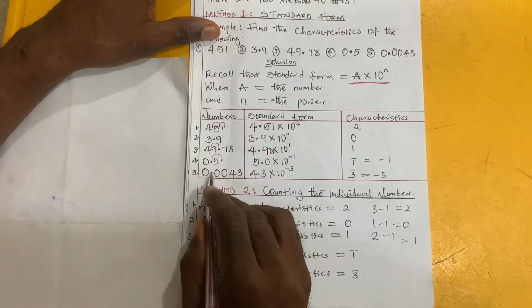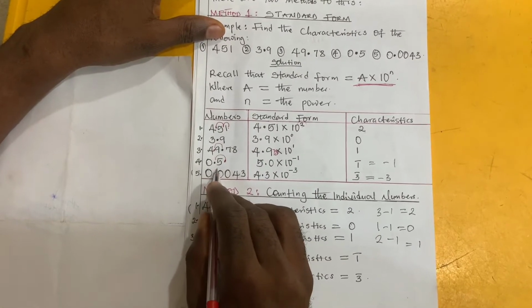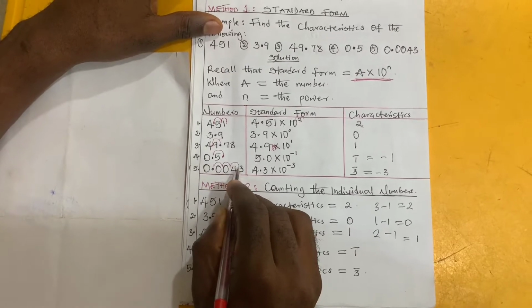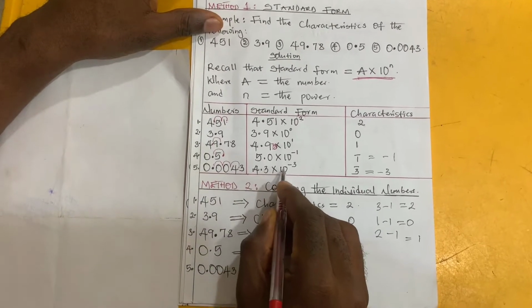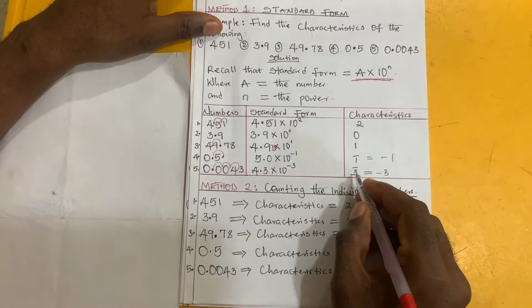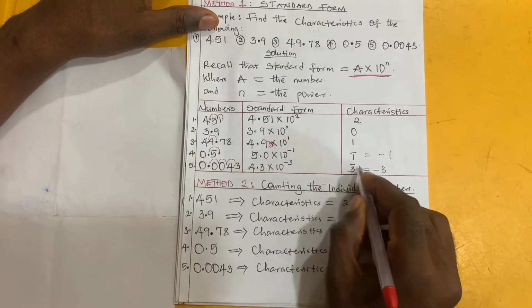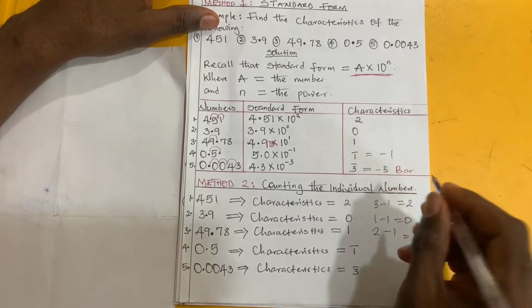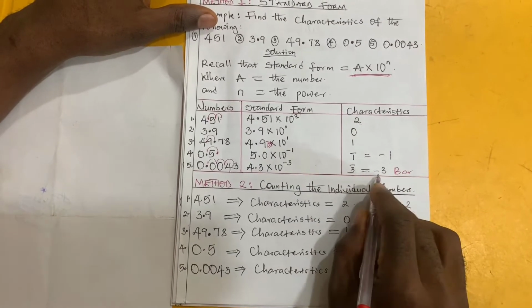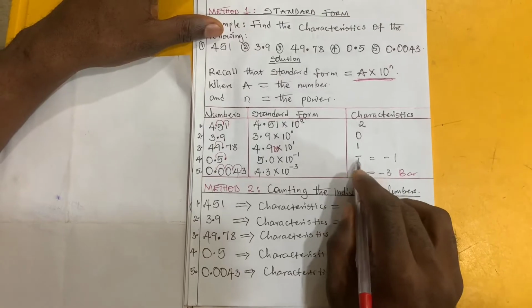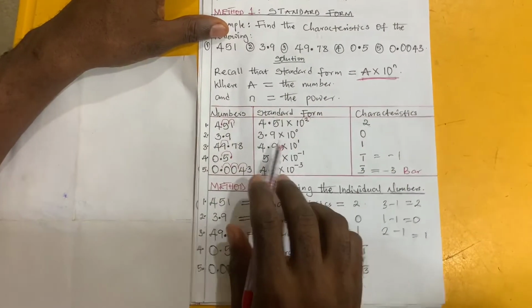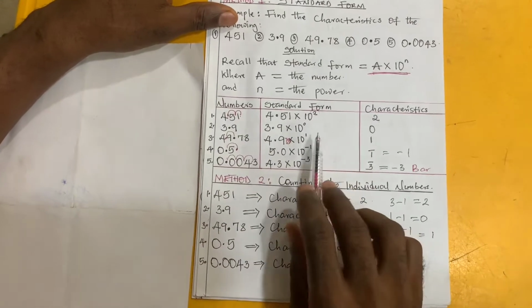In this case also, the point is moved: this is 1, this is 2, and this is 3. So this is now 4.3 times 10 to the power of minus 3. Minus 3 is written as bar 3, B-A-R, bar 3, which is the same thing as minus 3. And this is bar 1, which is the same thing as minus 1. So this is the first method of finding the characteristic.